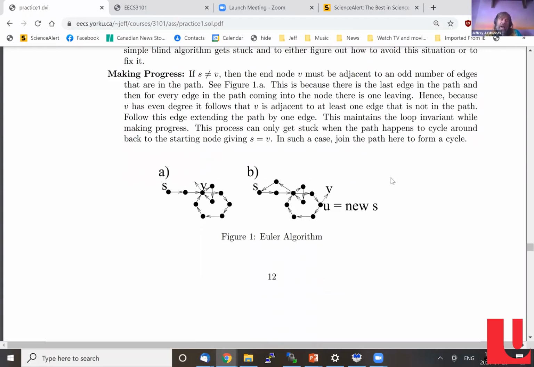Why is that? Because if there's some edge way out here that we haven't walked along, then because the graph is connected, there has to be a path back to the stuff that we have walked along.